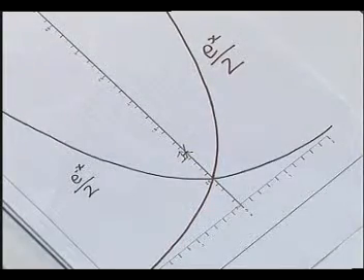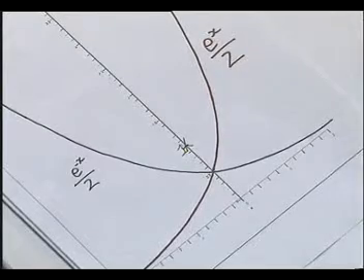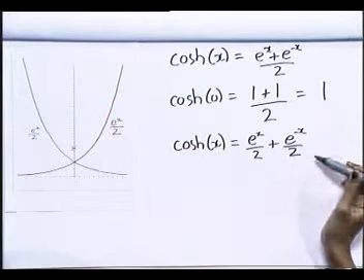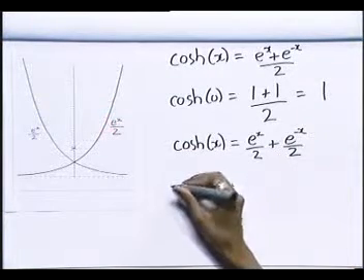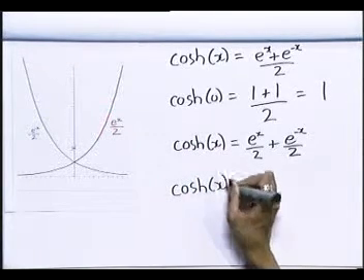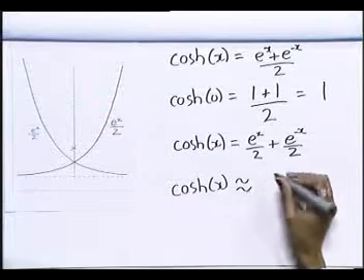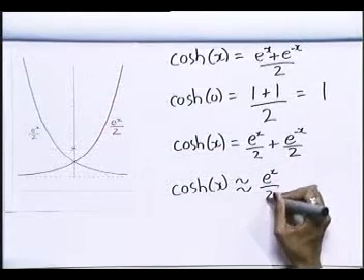But e to the minus x over 2 gets very, very small. So as x gets bigger, this second part of the sum gets very, very close to 0. So the whole thing gets very, very close to just e to the x over 2.